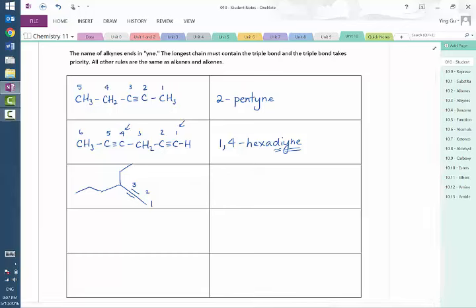So that pretty much takes care of it. We're going to go from the right. Okay. And so we name our branches, just like in alkenes, branches first. This is going to be 4-ethyl. Then we put our numbers down for where the triple bond is happening. This is going to be 2. This is a 7-carbon chain, so it's heptyne.